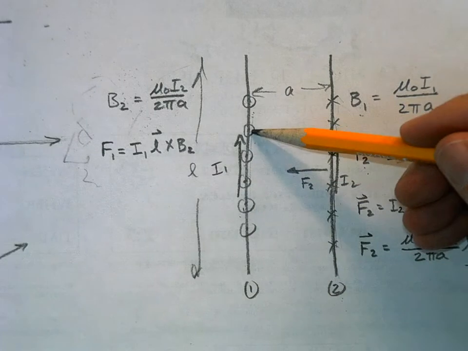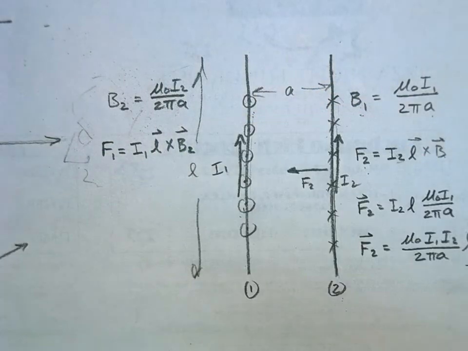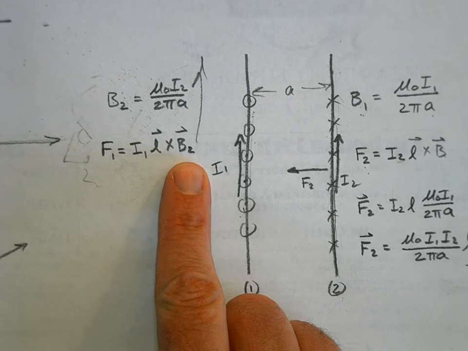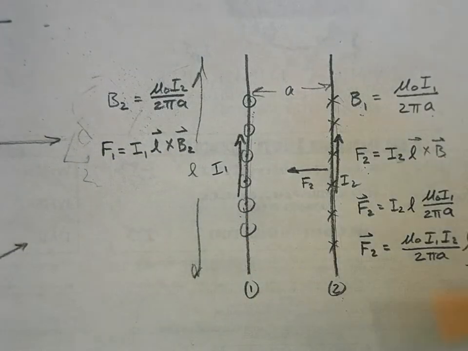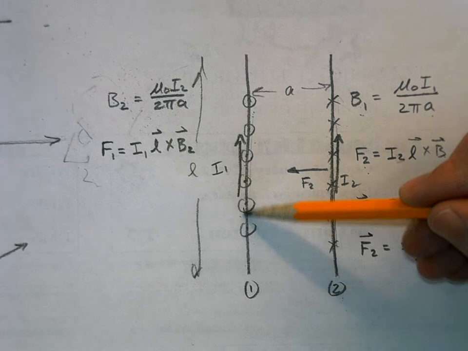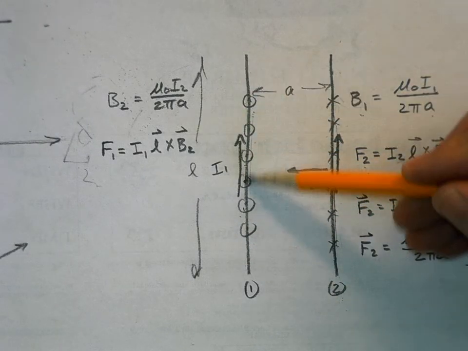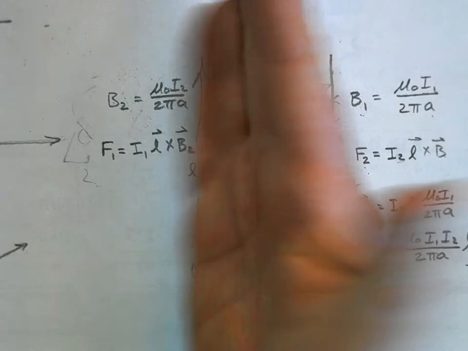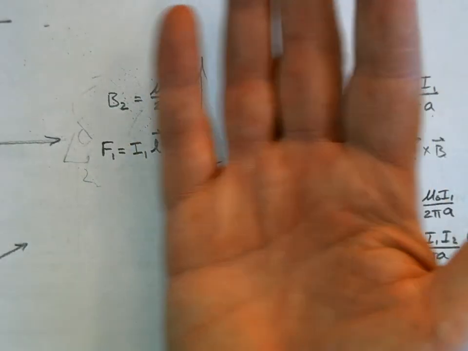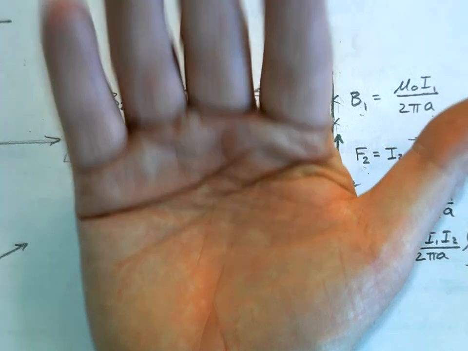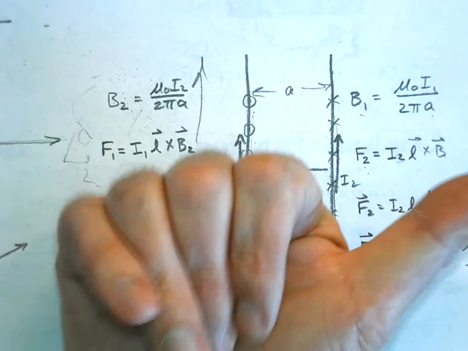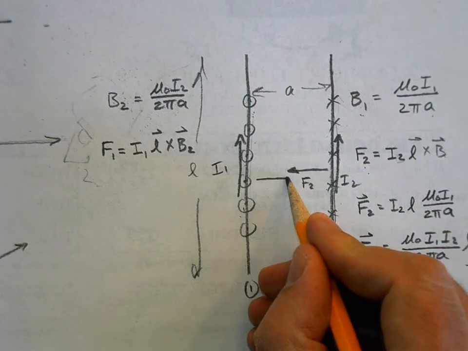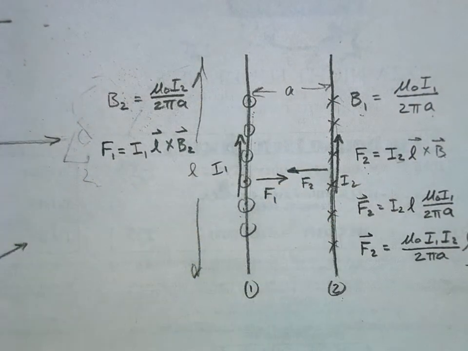L, the displacement of the charge moving through the wire, goes up the wire like this. I take my right hand and fold it over towards B. B2 is coming out, so if I fold my fingers up, my thumb now points to the right. So this is F1 on the wire.